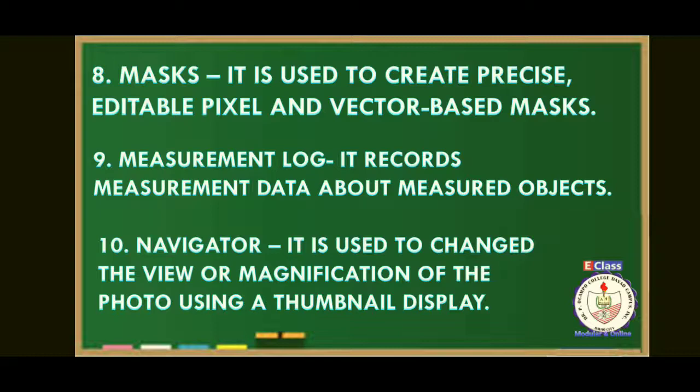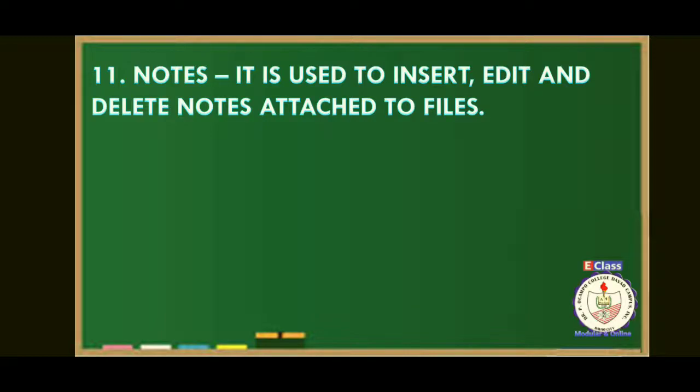It is used to change the view magnification of the photo using the thumbnail display. 11, Notes. It is used to insert, edit, and delete notes attached to the files.